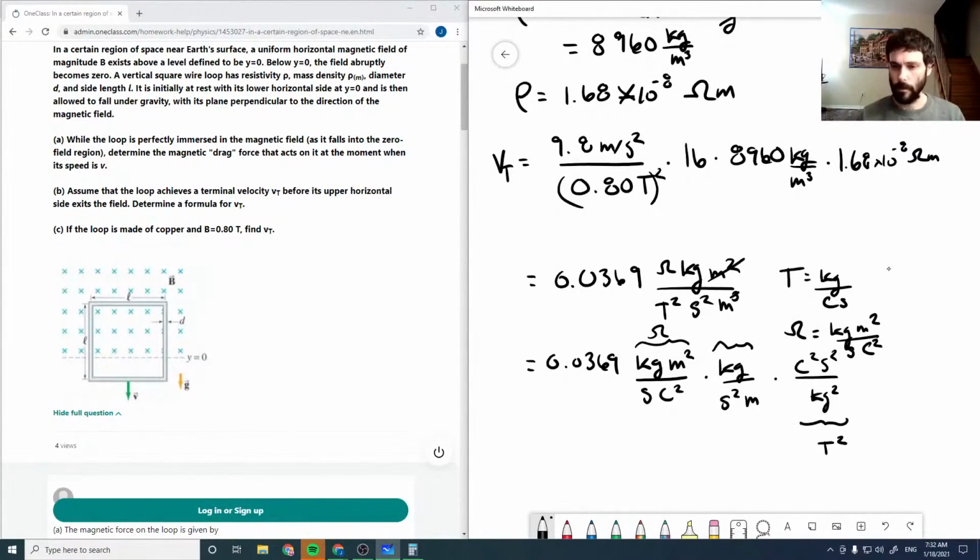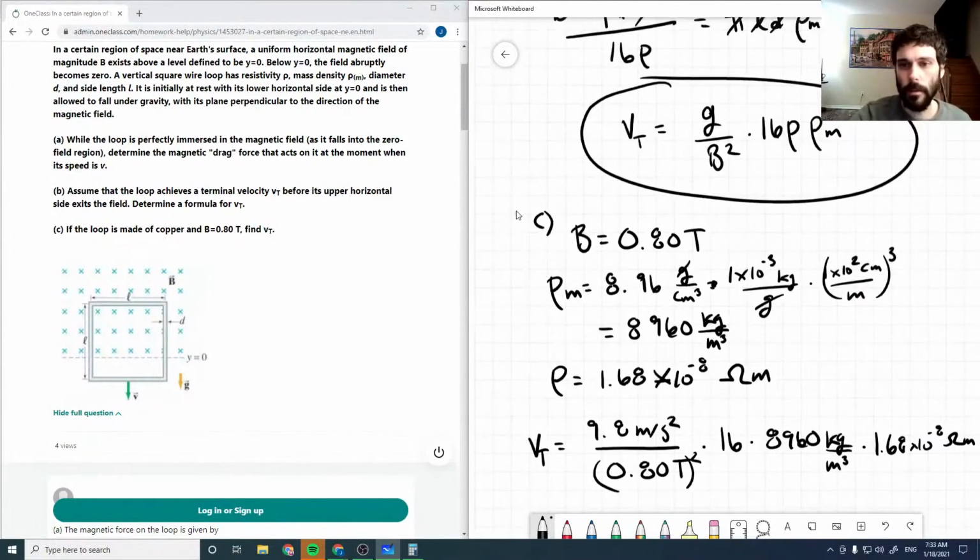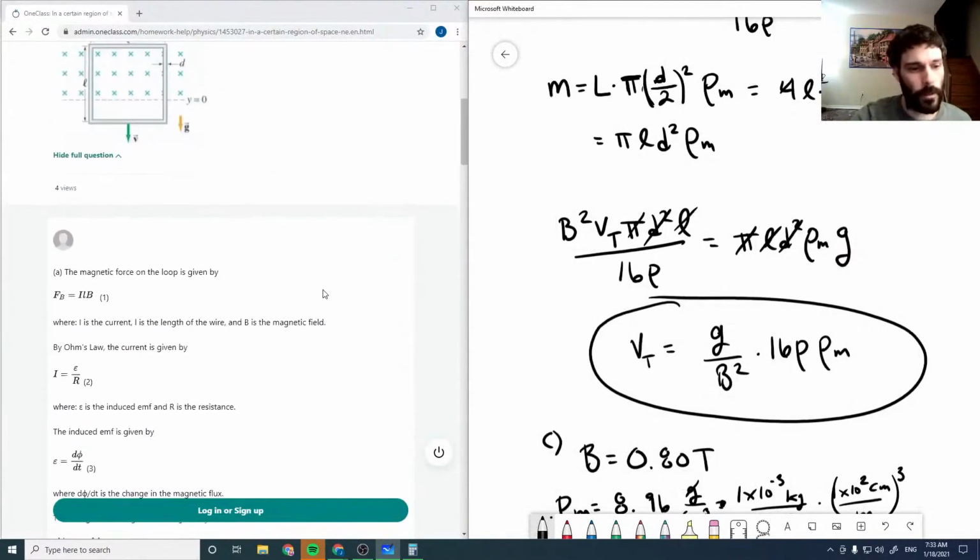And so we can see that the coulomb squared will cancel, the second squared will cancel, the kilograms squared will cancel, and the meter will cancel, leaving us with 0.0369 meters per second. All right, so just a quick unit analysis to make sure we didn't make any mistakes. It doesn't look like we did since the units all work out. But let's check our solution with what's given here.